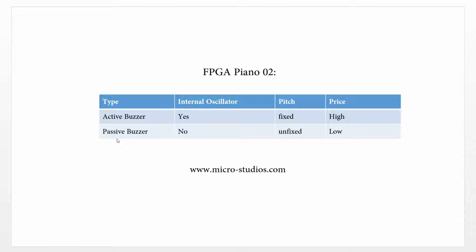But the passive buzzer can produce different pitches if you apply different frequencies to the buzzer. The active buzzer's price is high, and the passive buzzer's price is low. We choose the passive buzzer for our audio device.